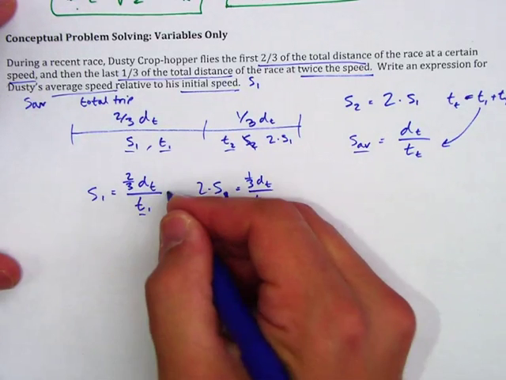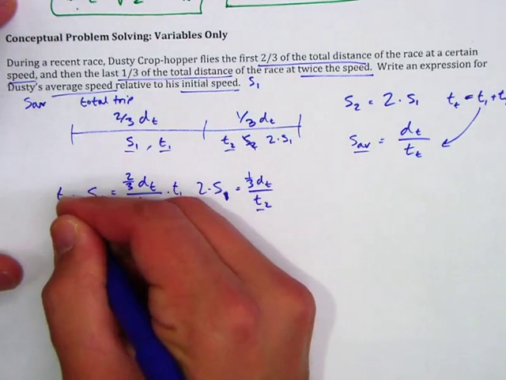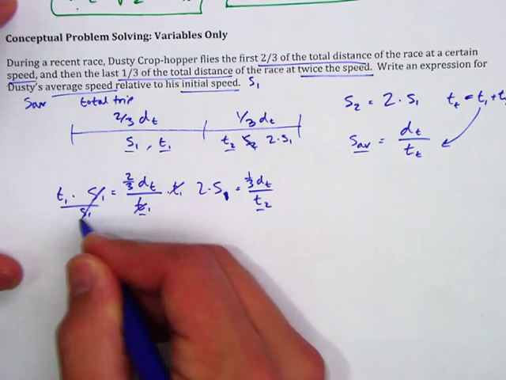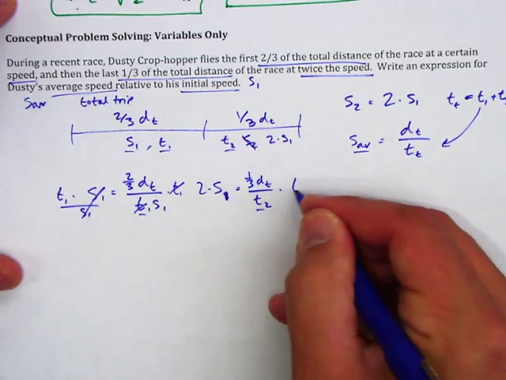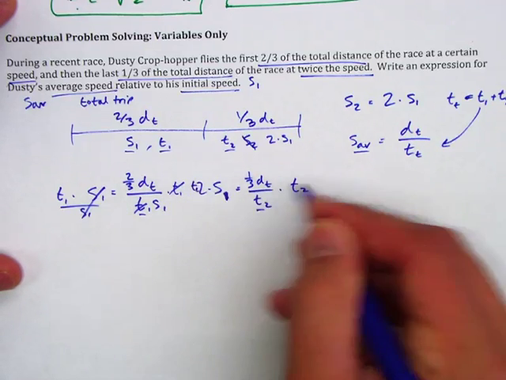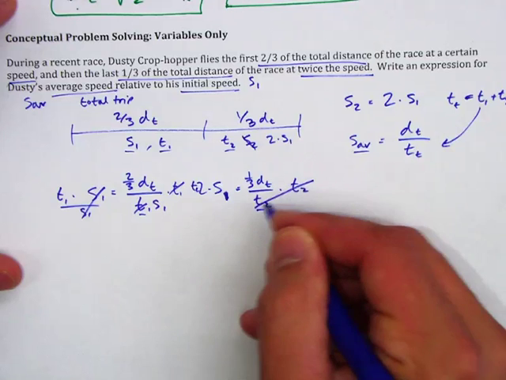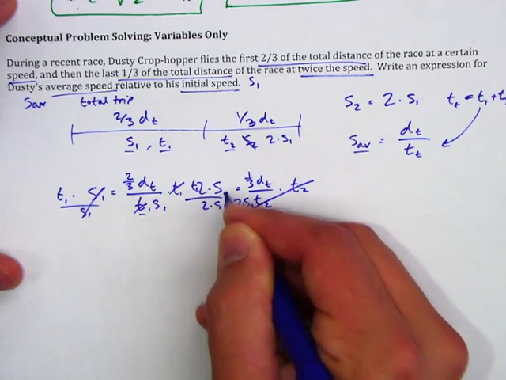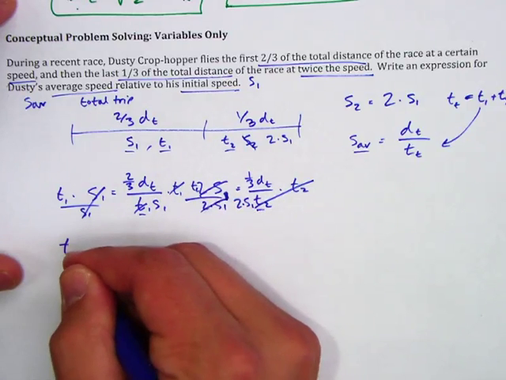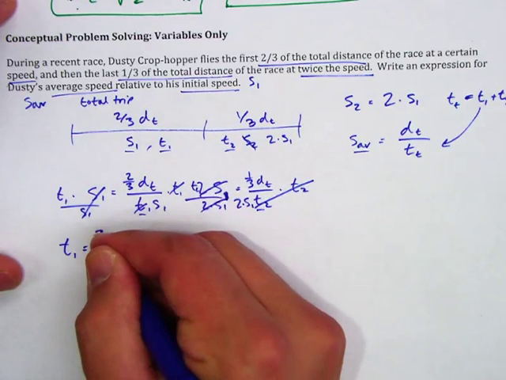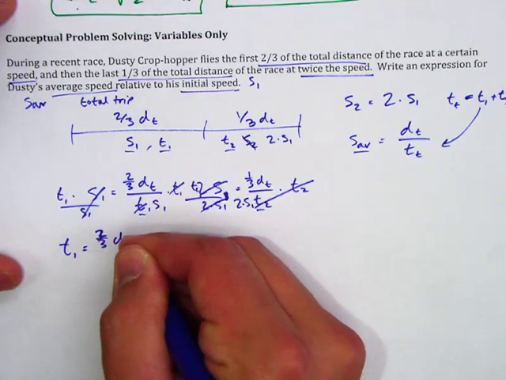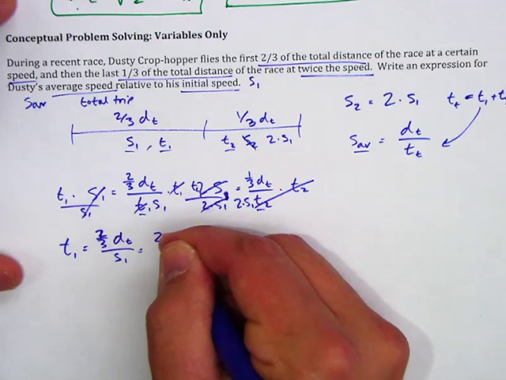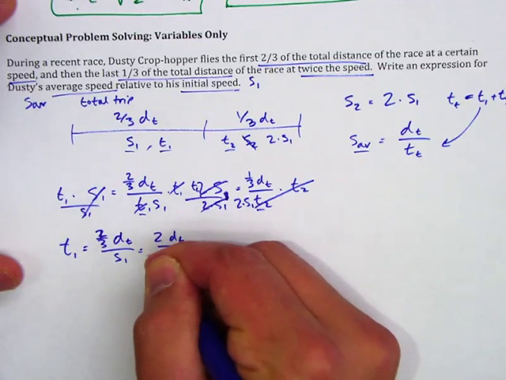So let's simplify this for t1 and t2. So multiply by t1, divide by s1, multiply by t2, divide by 2s1. So I'm left with t1 equals 2/3 dt over s1, which I'm going to rewrite as 2 dt over 3s1.